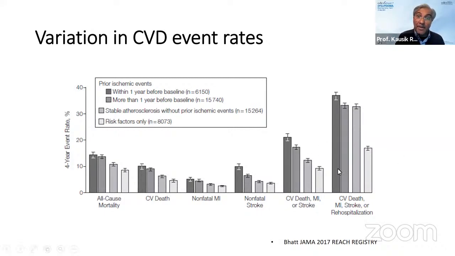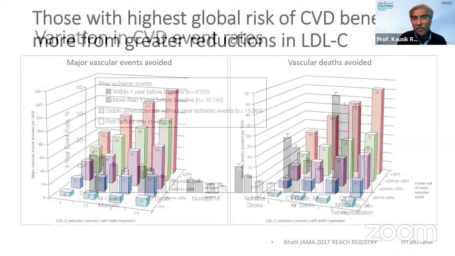So they're below the acute group, but they're higher than people that have just risk factors. So this is really the challenge that we have when we try to have these individual consultations in our weekly clinical practice.